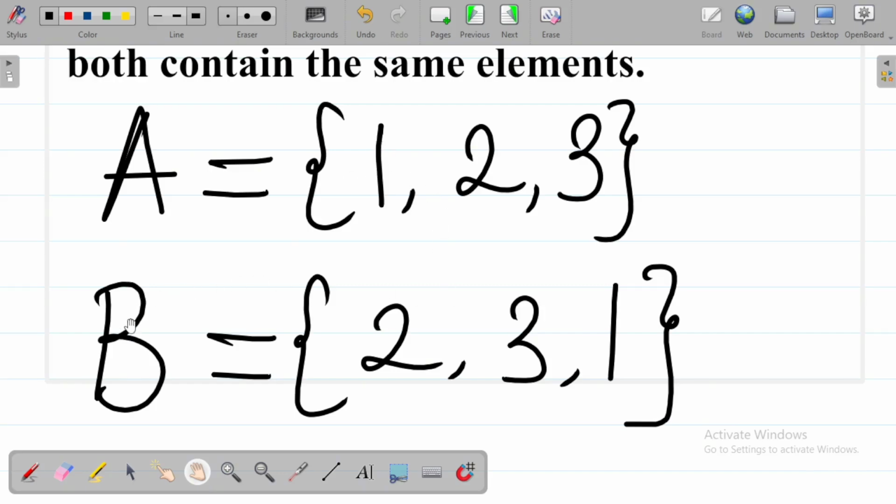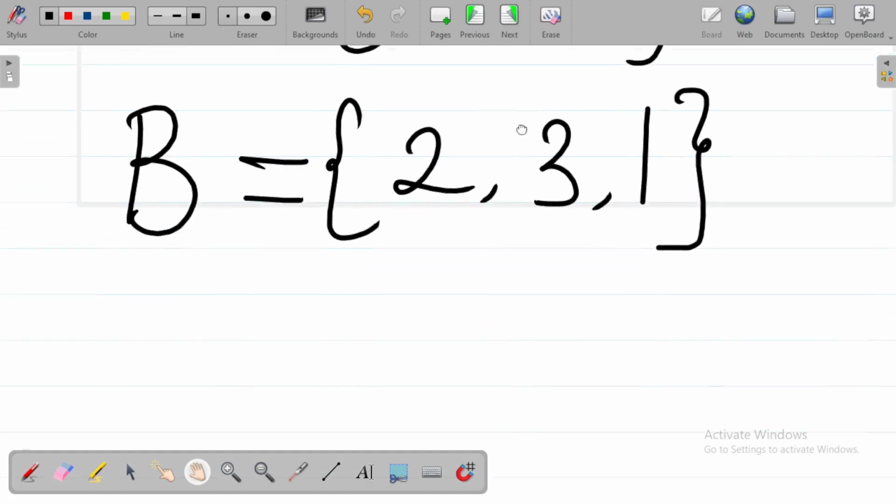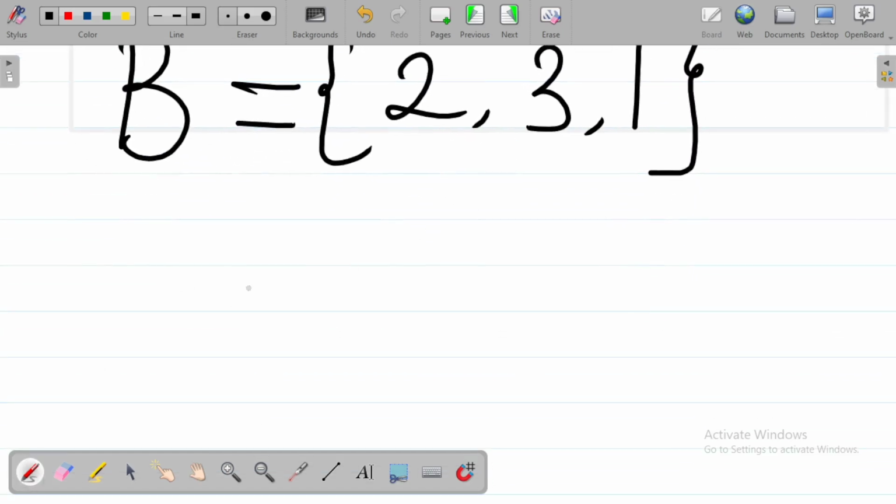Now look at set B. Set B also has 1 as its element. Set A has 2 as its element. Set B also has 2 as its element. Set A has 3 as its element, and set B has 3 as its element. So therefore, set A is equal to set B.